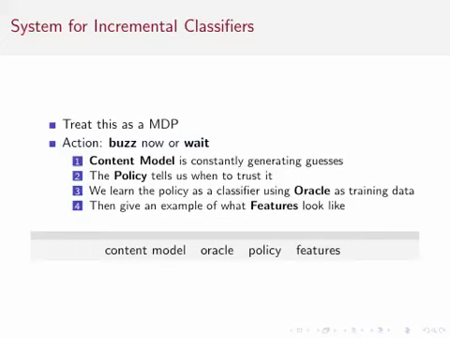The second thing we need is a policy. The policy will tell us when we should trust the guesses that the content model produces. We're going to learn this policy from an oracle that's trained on examples, and we need features in order to give us a rule for generalizing from our training data to unseen data. I'll talk about each of these in turn.